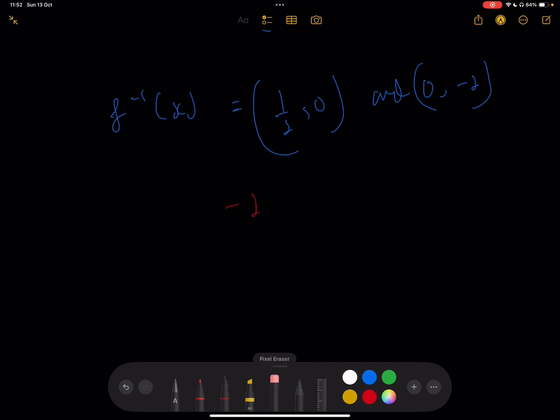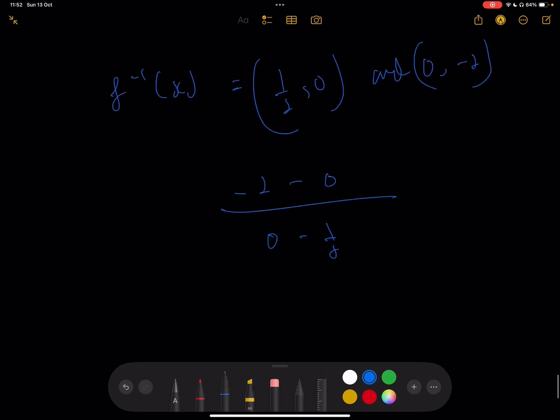So we would have -2 minus 0 divided by 0 minus a half. And we know that this would be equal to 4, because -2 divided by -1/2 is the same as saying -2 times -2, and that gives you 4.